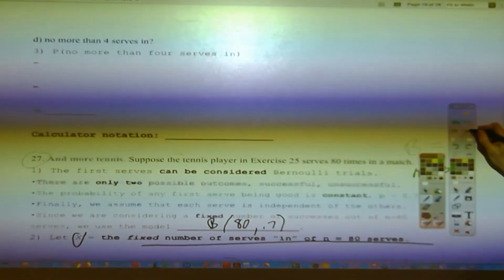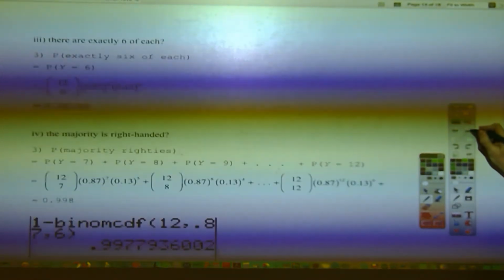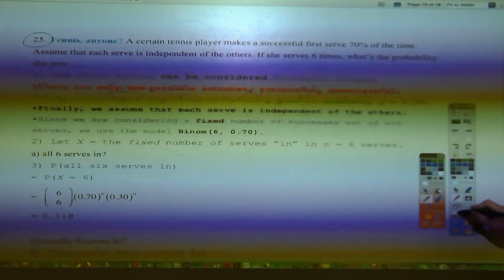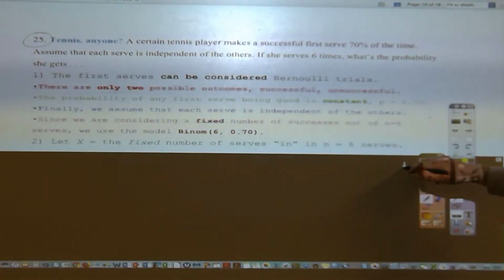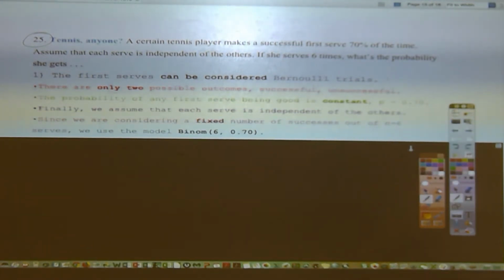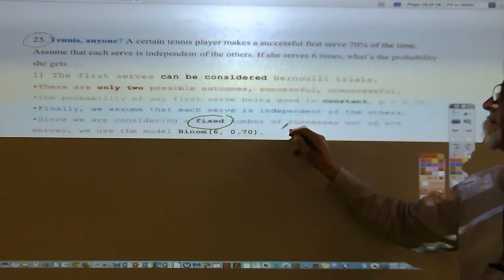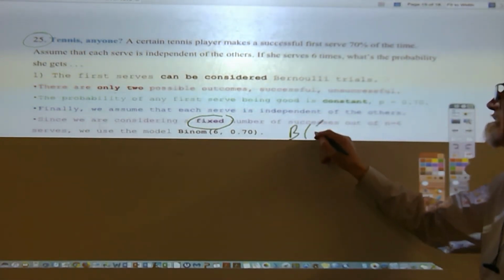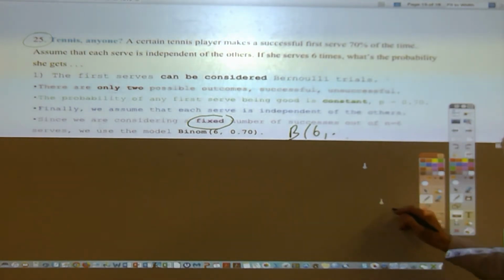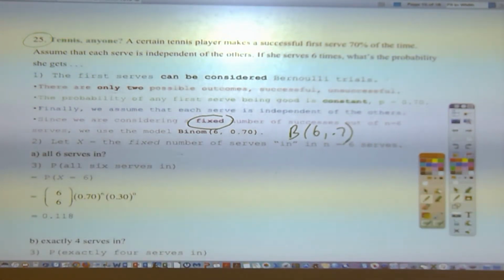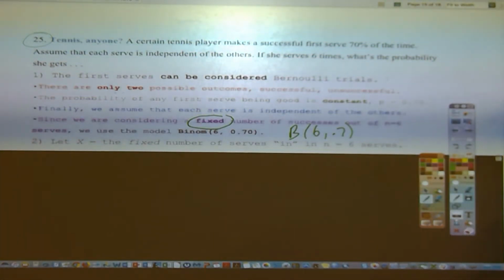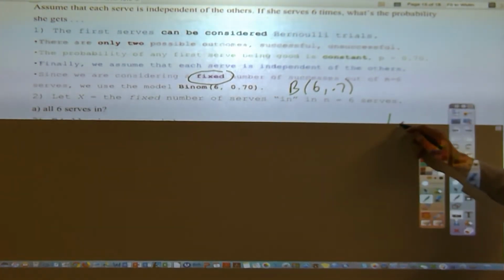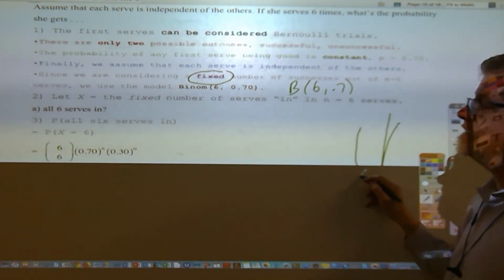Now, we do have to do a little bit of work to justify launching the rocket. And the work that justifies the launch is that these can be considered Bernoulli trials because of all that. And since we have a fixed number of trials, we're going to use, don't write binom, just b of 6 comma 0.7, which specifies the rocket. So if we define x as the number of serves that are in, these are good serves, then what's the probability that she gets all 6 serves in?